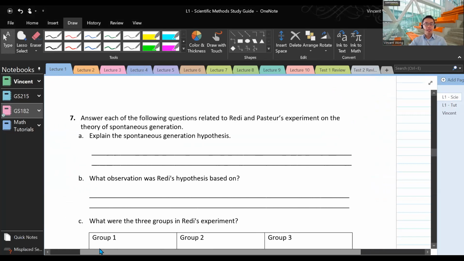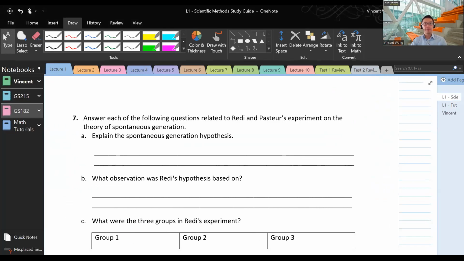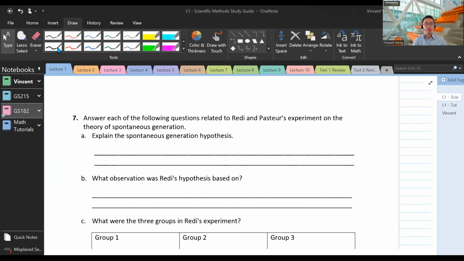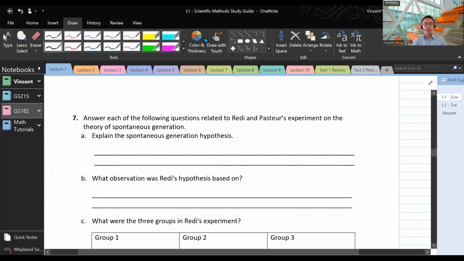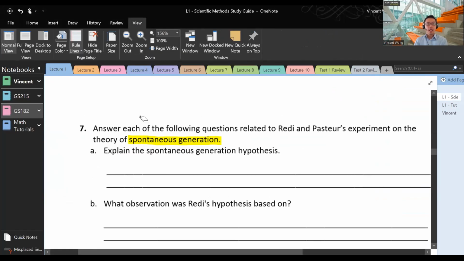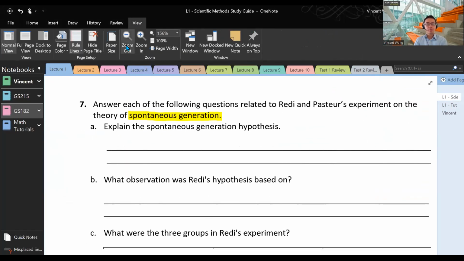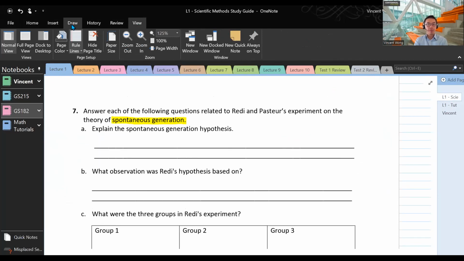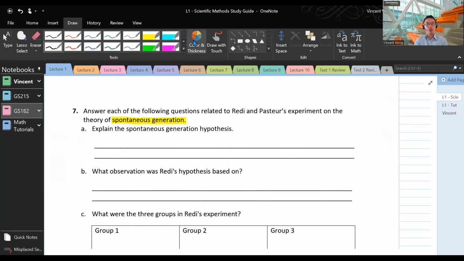So this one is about Francesco Redi and Louis Pasteur experiment on the theory of spontaneous generation. So spontaneous generation. What is spontaneous generation? So let's write a definition explaining the spontaneous generation hypothesis.